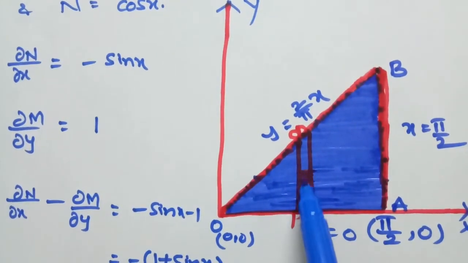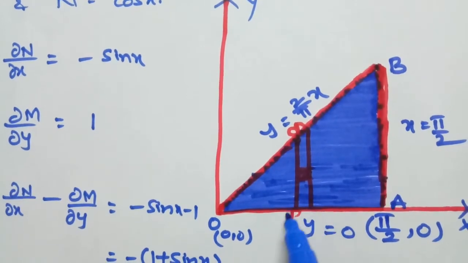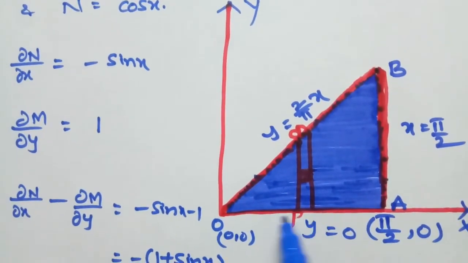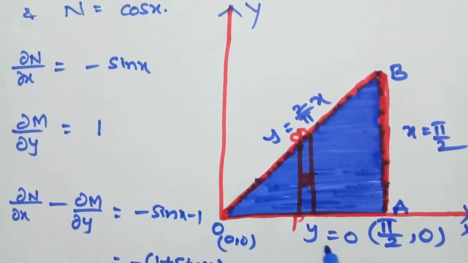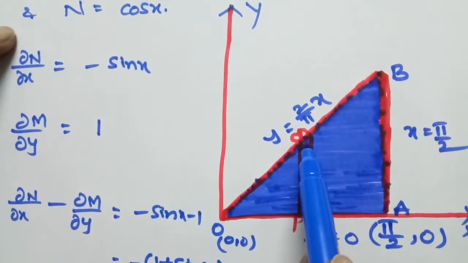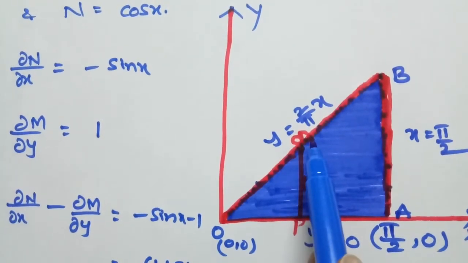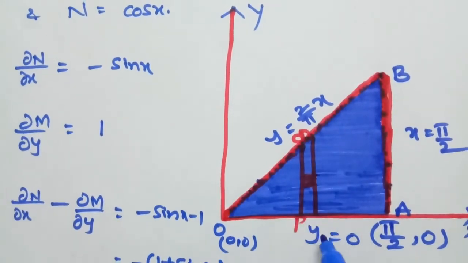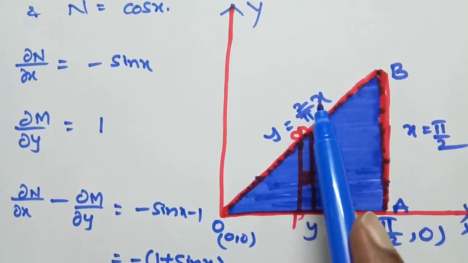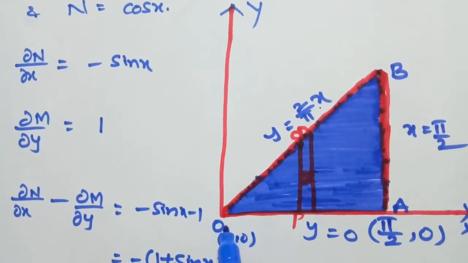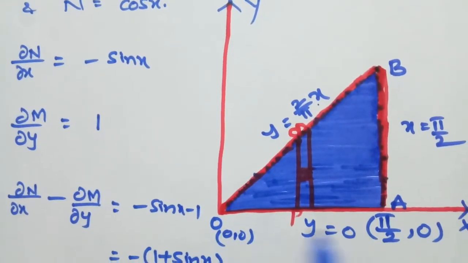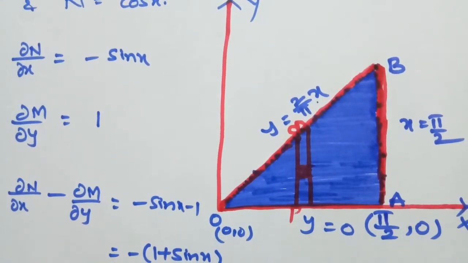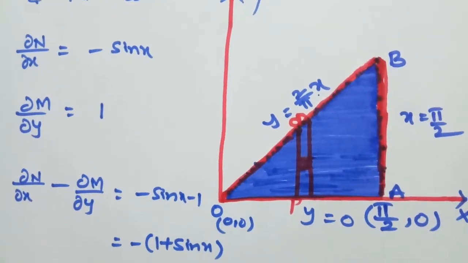Upper end of PQ lies on the line y equal to 2x by pi. Therefore, y varies from 0 to 2 by pi x and x varies from 0 to pi by 2.